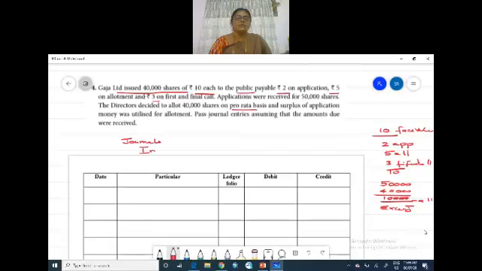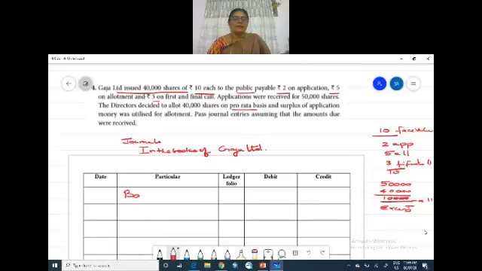Okay, journals in the books of Gaja Limited. Once you get accustomed to journals, then we'll be going to ledger and balance sheet of company accounts. Okay. So what's your first journal entry?